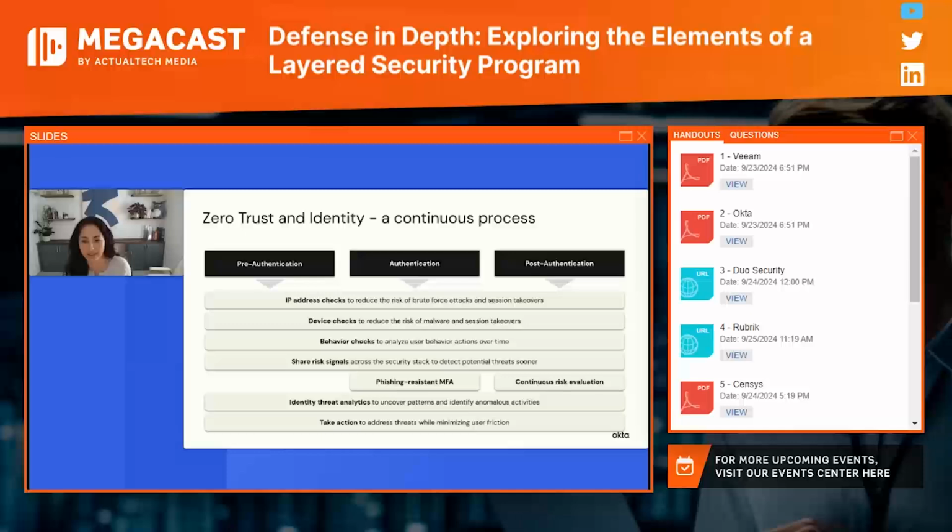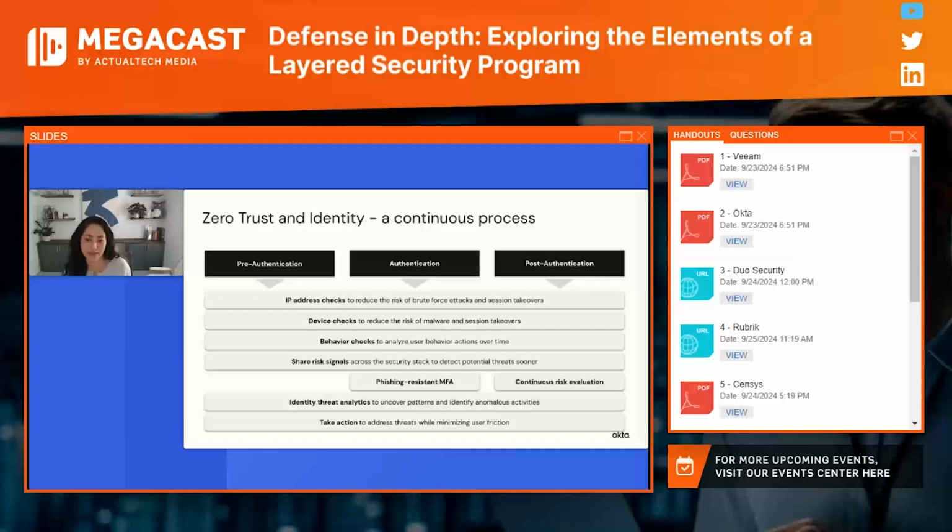But how can you tell? And that's when these other signals come in, like user behavior or device information, as well as analytics that identify patterns and anomalous activities. Gathering this sort of information not only feeds into the identity analytics, but allows you to continuously adapt to how trusted that particular session might be.